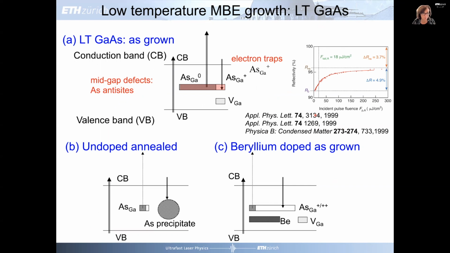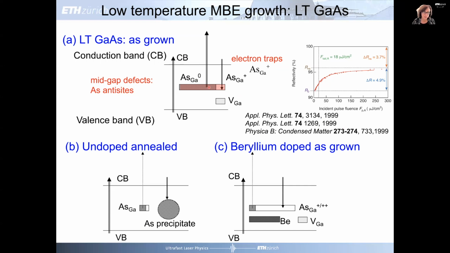When you grow gallium arsenide at low temperatures, you introduce mid-gap defects. So you put arsenic at gallium places, the so-called arsenic antisites. Normally, when you grow that, most of these arsenic antisites are neutral. Some of them are positively charged, and actually, these are the good traps. These are the electron traps.